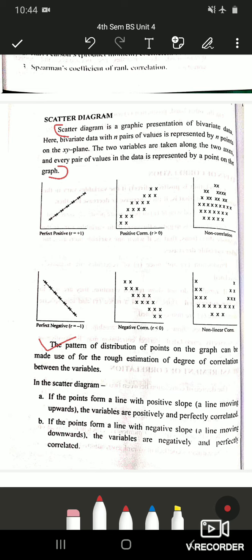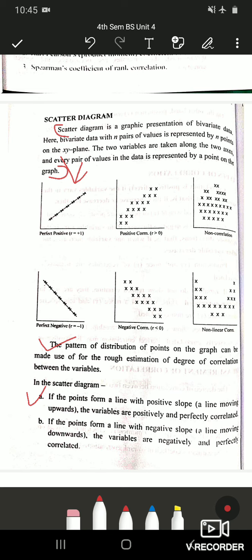Now we will see how to analyze the scatter diagram. The first point is, in a scatter diagram, if the points form a line with a positive slope, that is a line moving upwards, the variables are positively and perfectly correlated. So when do you say, by looking into a graph, that the variables are positively and perfectly correlated? That is when you can see a graph like this, a straight line moving upwards.